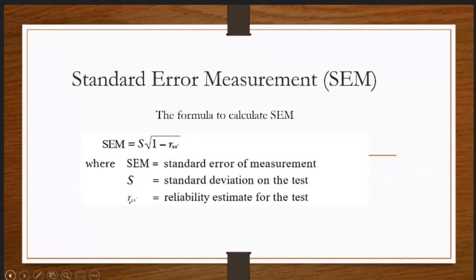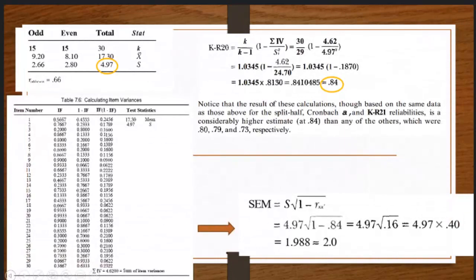So here's the formula to calculate the standard error of measurement. We need the standard deviation taken from the test and the reliability estimate of the test. That might be too overwhelming for you, but just look at the circle.